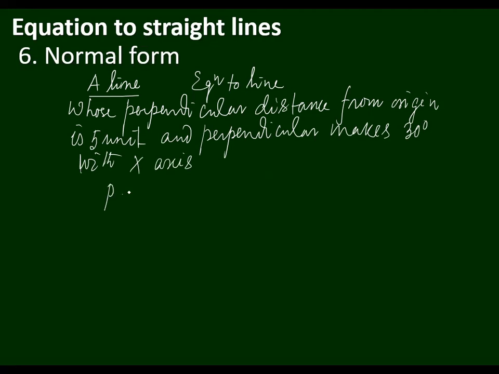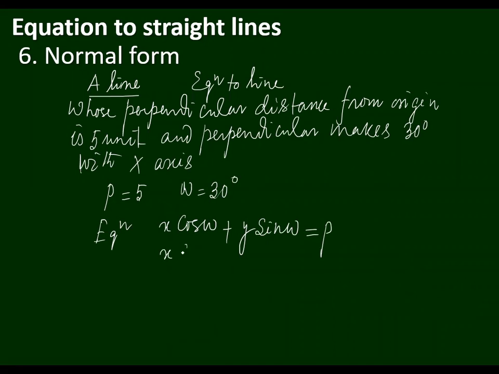So small p is equal to 5 and omega is equal to 30 degrees. Then the equation is x cos omega plus y sin omega is equal to p.